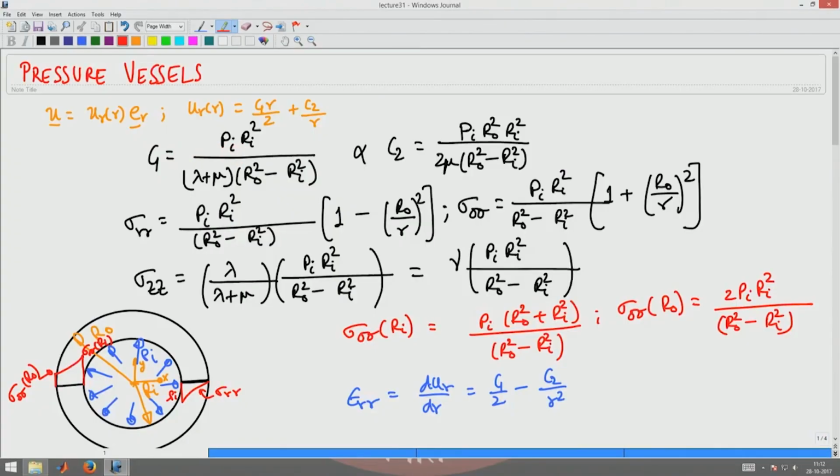Okay, and then we estimated the stresses, going back to computing the strain, and from the strain plugging it into the constitutive relation to compute the stresses as given here. And we rationalized that the predominant stress produced in this boundary value problem is the hoop stress, or sigma theta theta, which is approximately 10 to 20 times more than the radial stress.